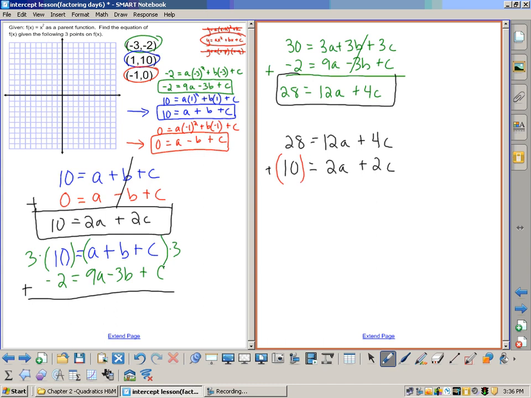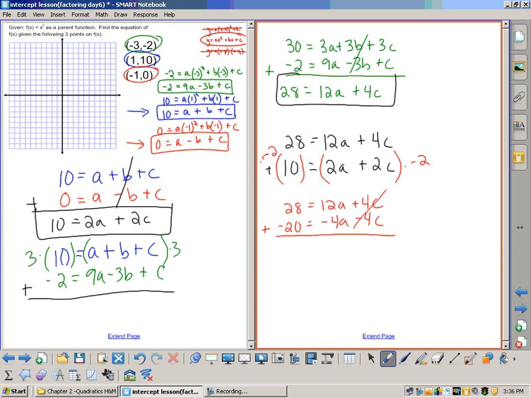So I'm going to take this whole side and I'm going to times it by negative 2, and I'm going to get, if I rewrite this, 28 equals 12a plus 4c plus negative 20 equals negative 4a minus 4c.